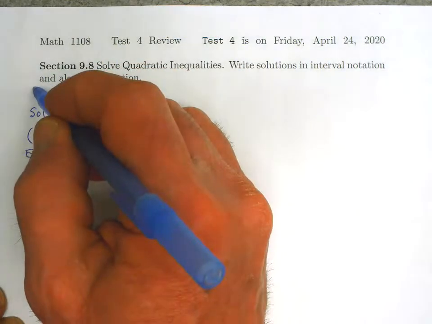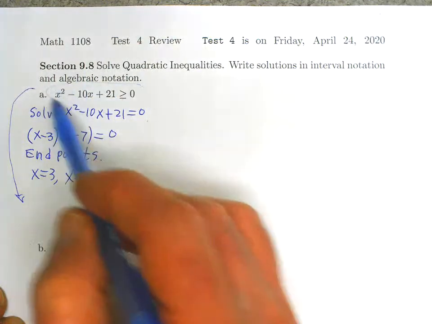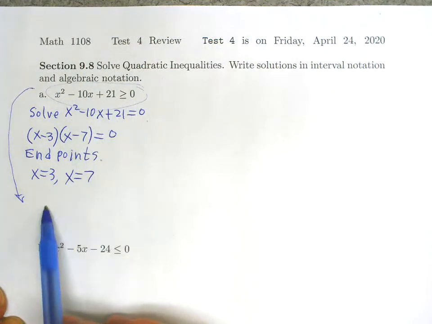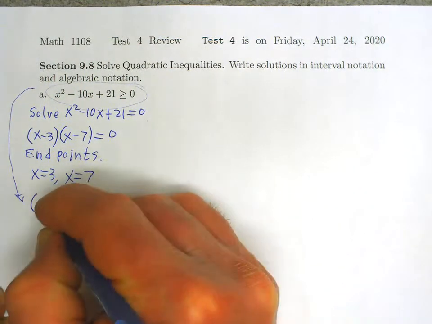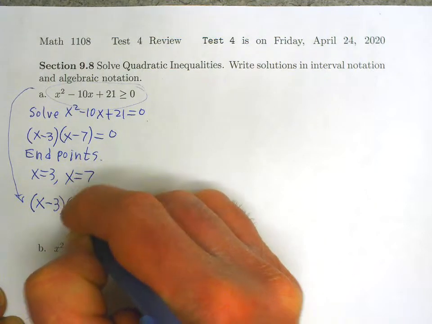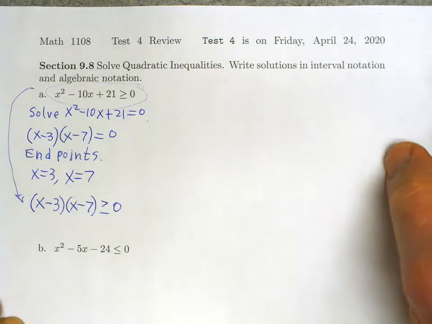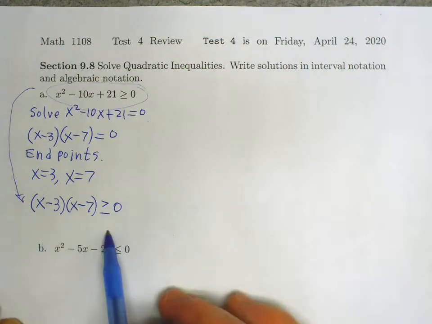Another thing that I've done before, rewrite the inequality with the left-hand side in factored form. So you can use the inequality x minus 3 times x minus 7 is greater than or equal to 0 if you want to use this when testing points.